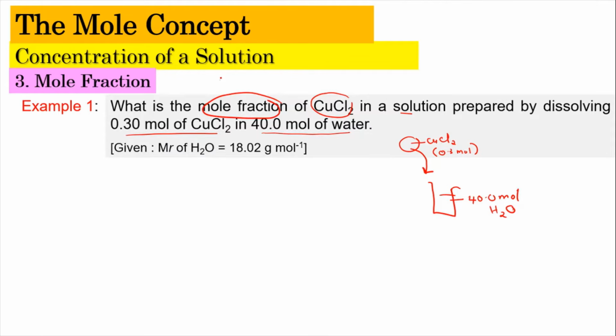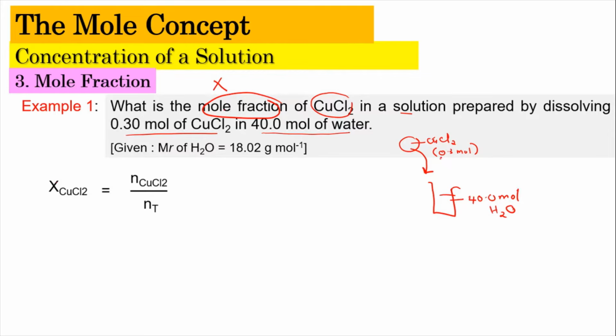Okay, so you need to find the mole fraction. Mole fraction is denoted by X. The mole fraction of what? The mole fraction of CuCl2. So you put it as XCuCl2 equal to the number of mole of CuCl2 divided by the total number of mole of all component, in which the component here is CuCl2 and also water.